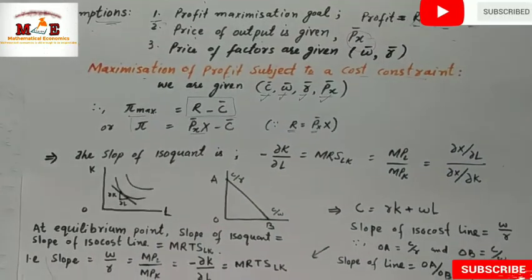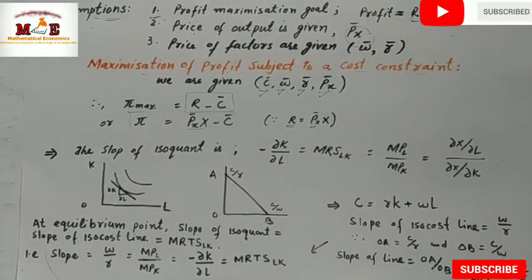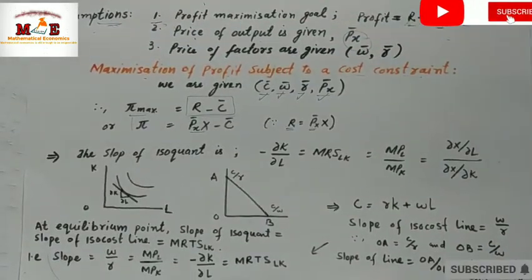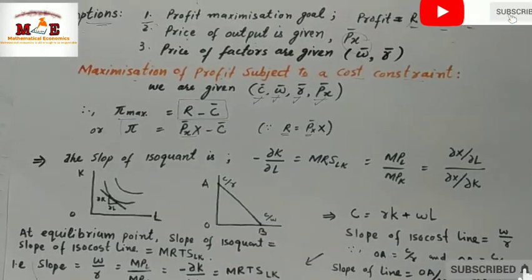For a graphical presentation of the equilibrium of firm, we use the isoquant method and isocost line.